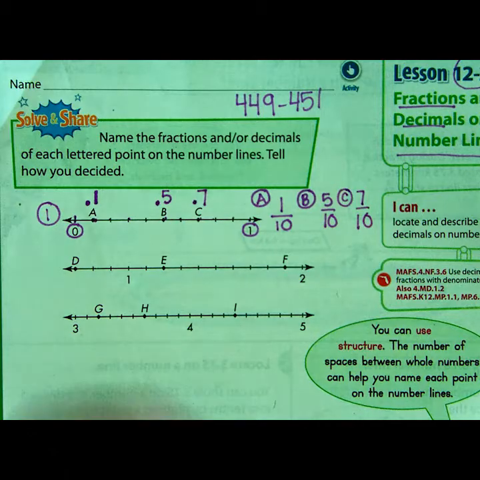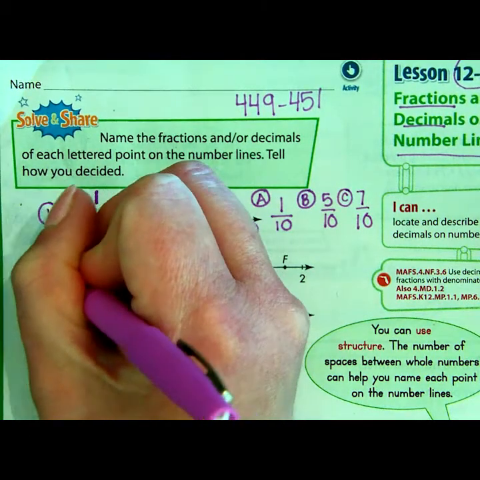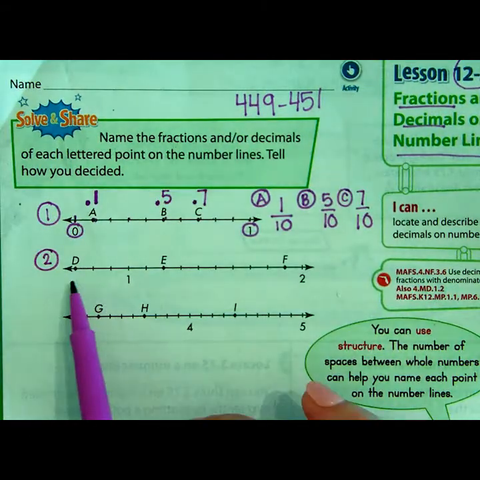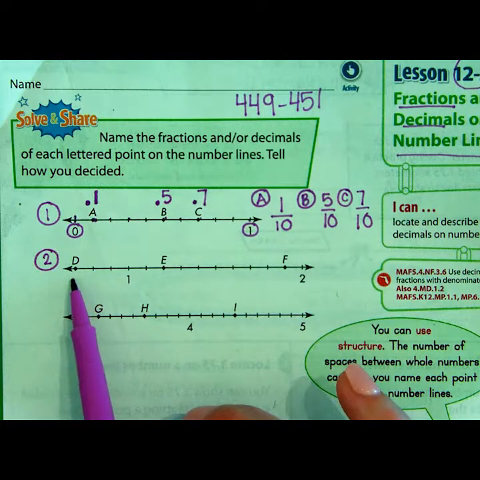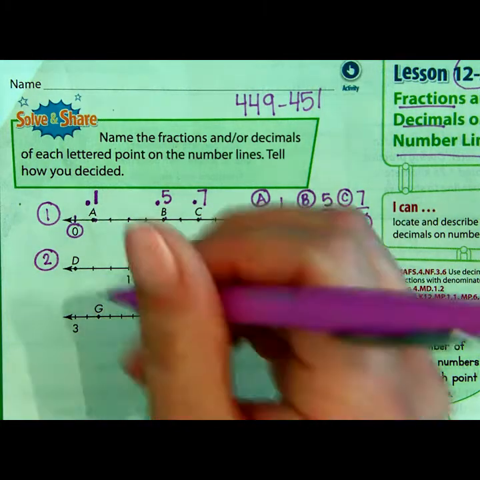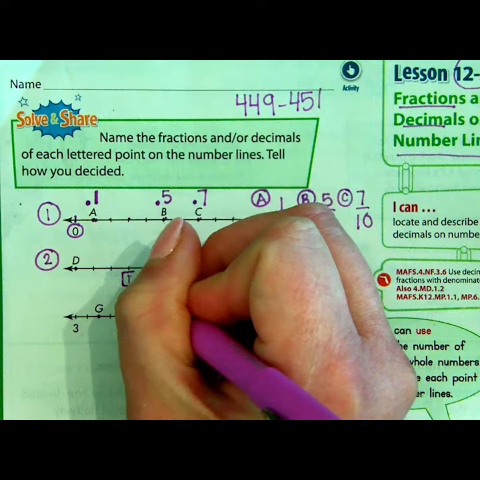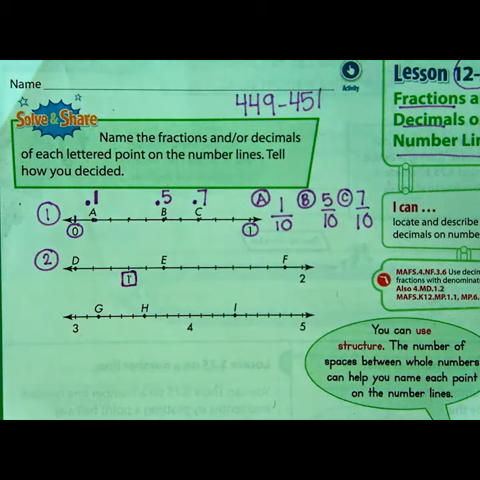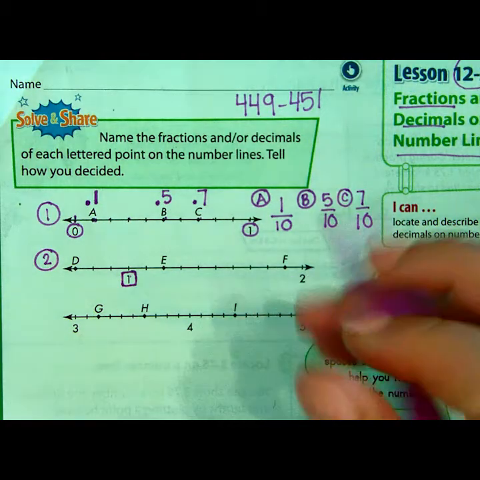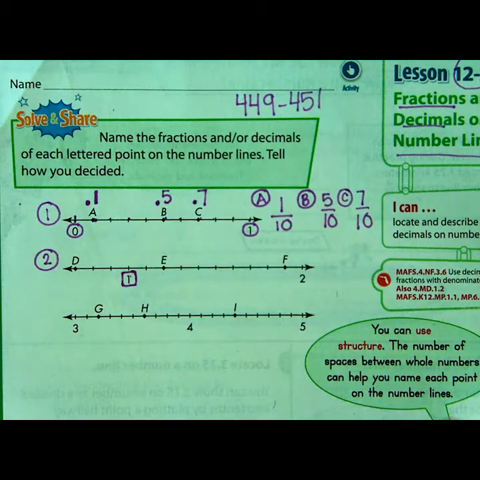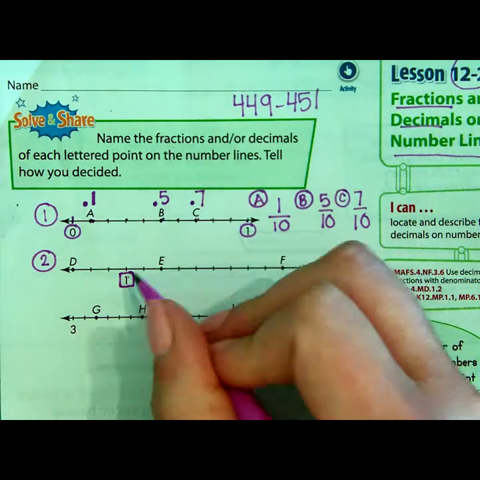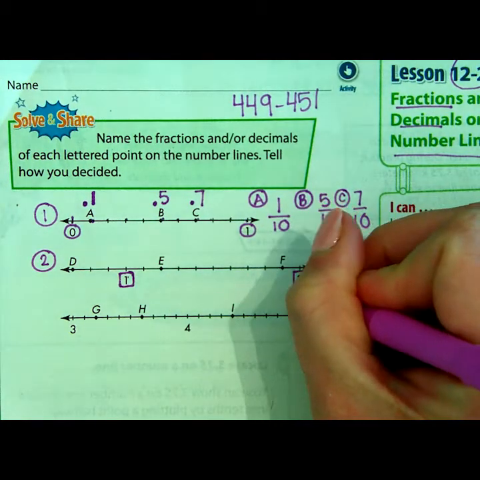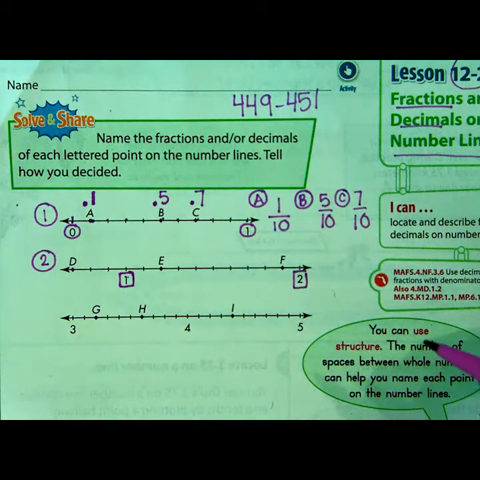Now let's look at number line 2. So first thing I notice is that there's no number here and the whole number starts over here. That's kind of strange. They did that to try to trick me. But I know because I am such a great, strong mathematician that I'm going to look between these 2 whole numbers because that's where I always begin.